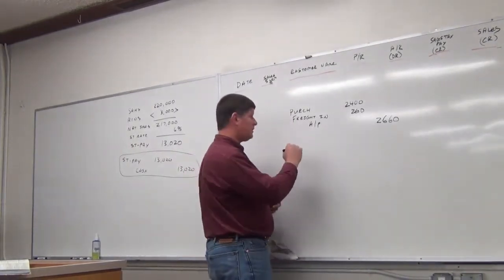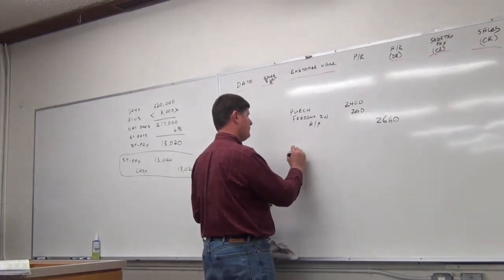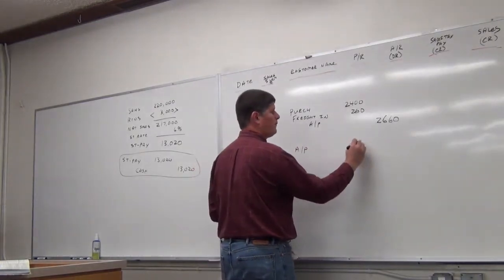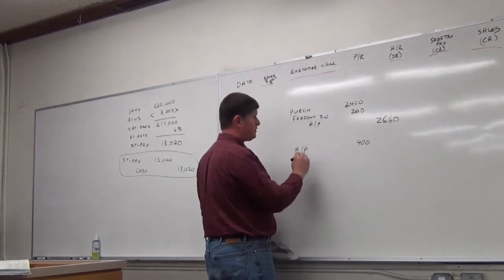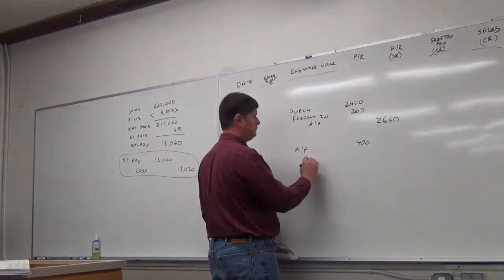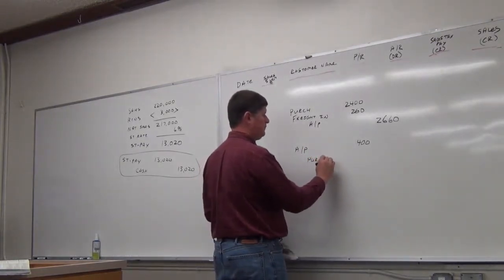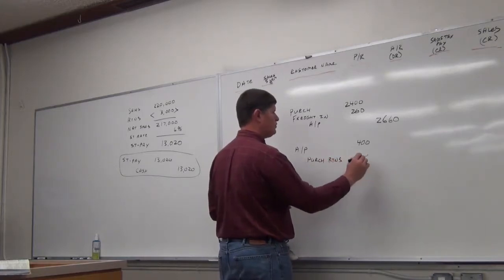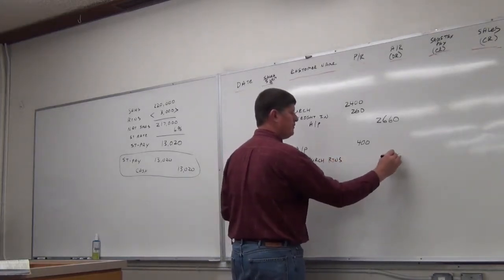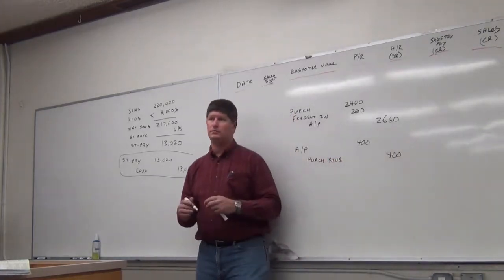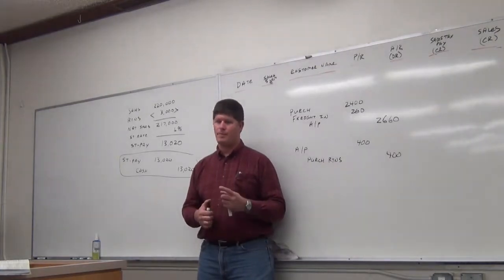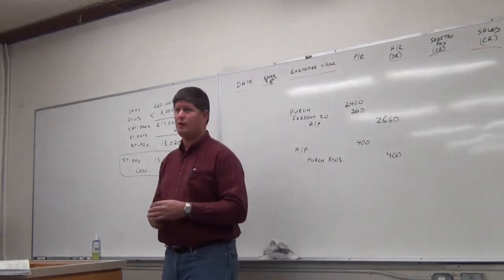My accounts payable is going to go down. And my credit is to purchase returns and allowances. Okay? Next question.